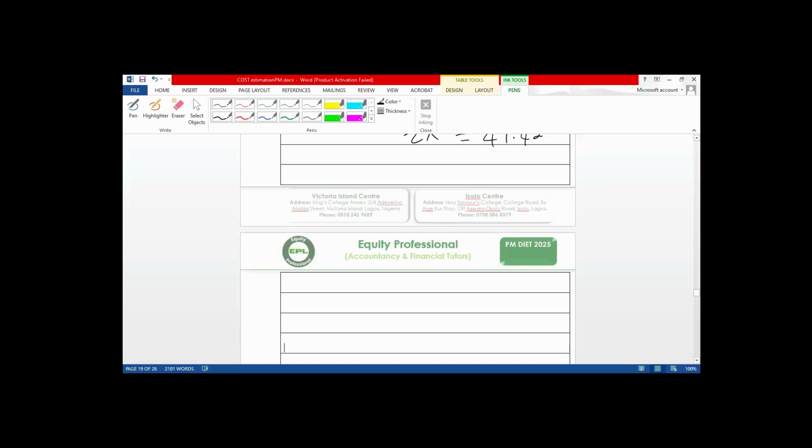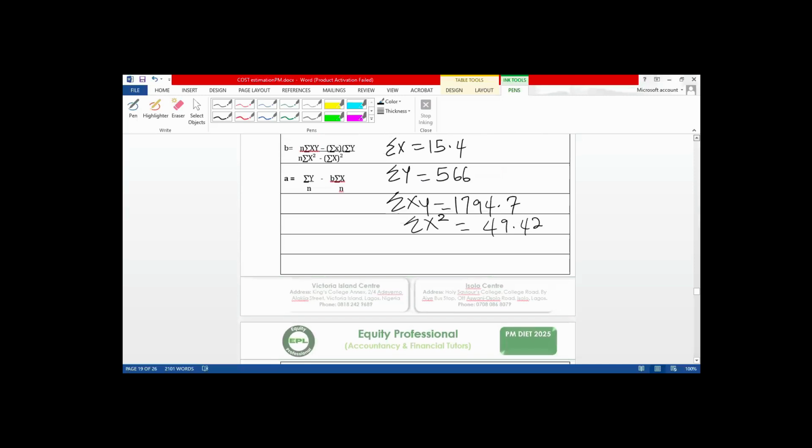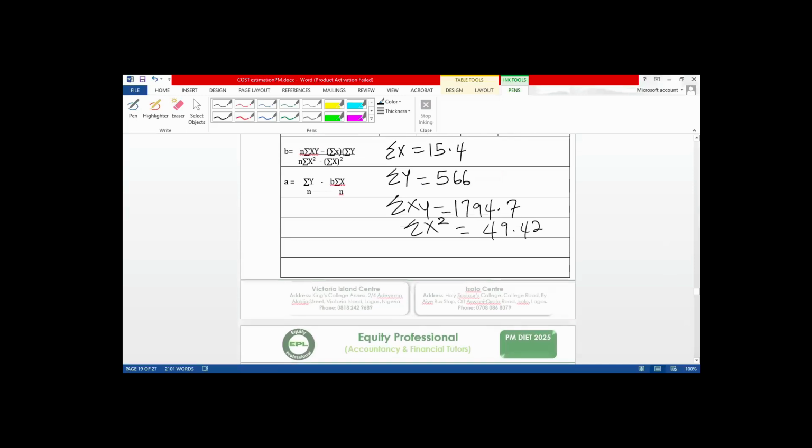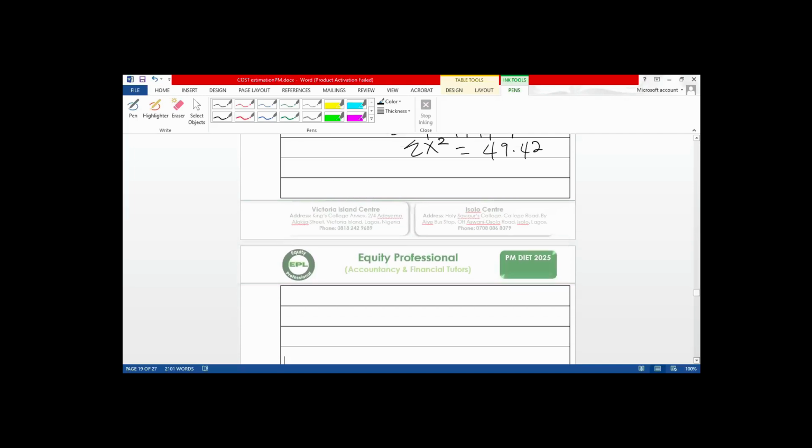So I have to calculate my B first. Formula for B. B is equal to N summation xy minus summation x summation y, all over N summation x squared minus summation x into bracket square.